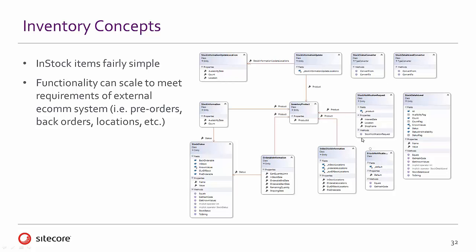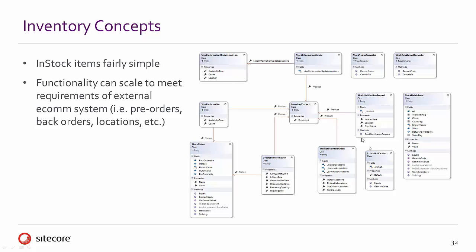So again, much like the conditions in the pricing model, this is something that the model can handle a lot of those complex situations and scenarios. So, locations, whether something's back orderable, whether something's pre-orderable, dates around those, counts, locations. I keep saying locations. The model itself is quite complex.